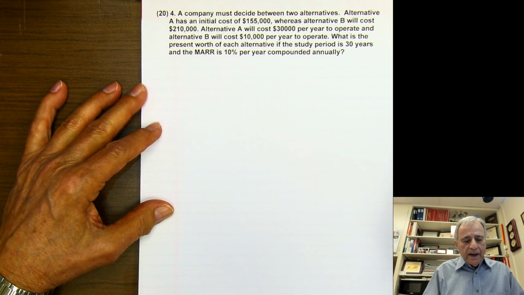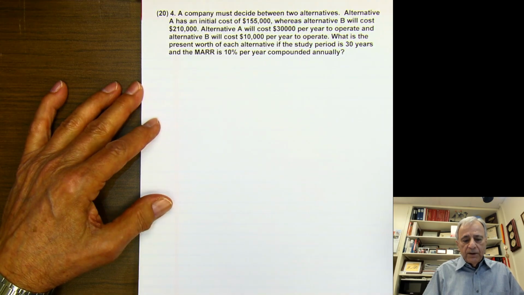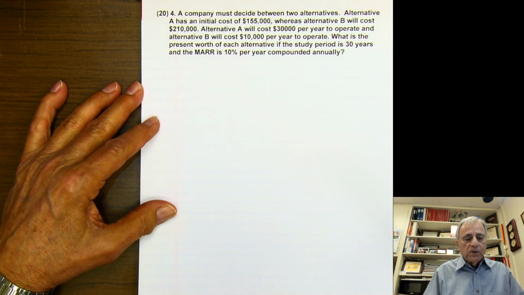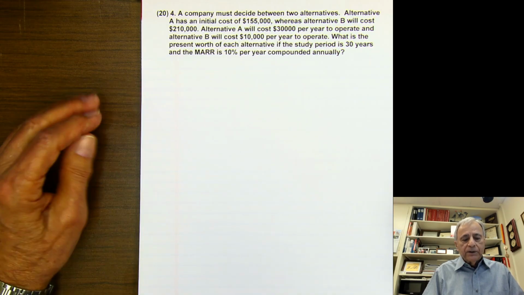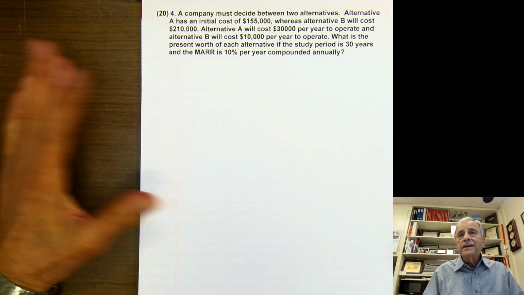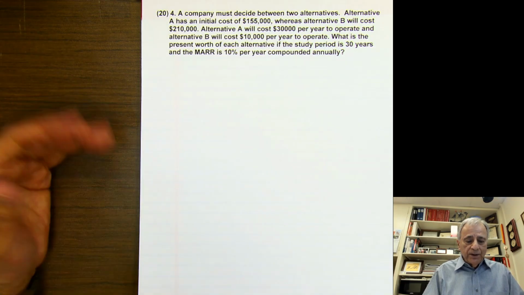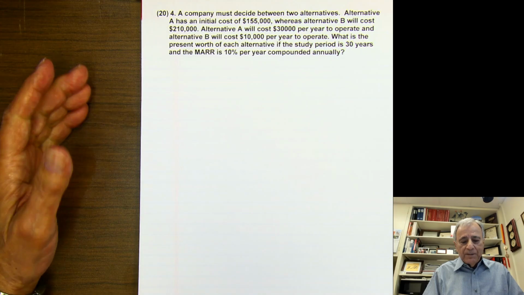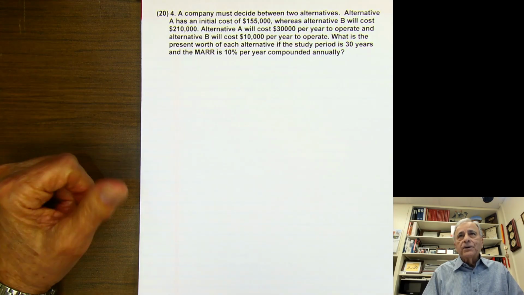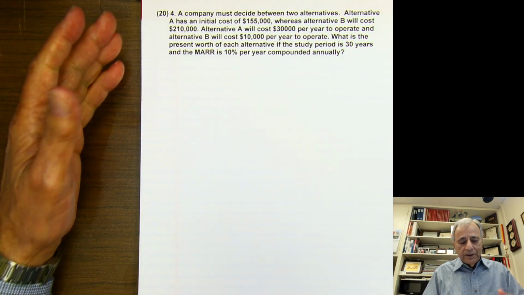Alternative A has an initial cost of $155,000, whereas alternative B will cost $210,000. Alternative A will cost $30,000 per year to operate, and alternative B will cost $10,000 per year. So alternative A costs less to buy but more to operate. Alternative B costs more to buy but less to operate.